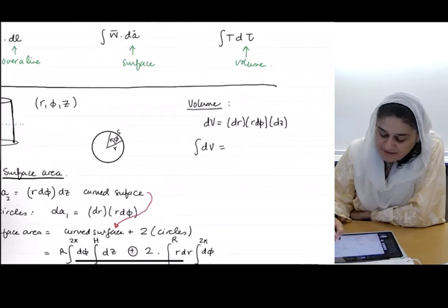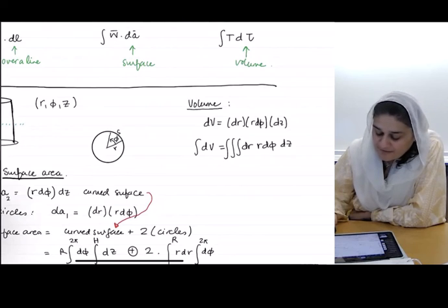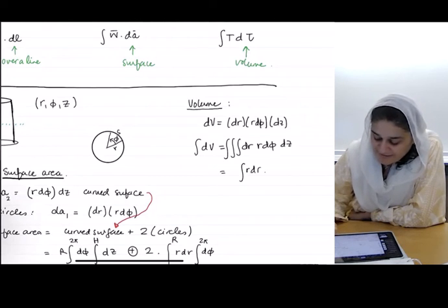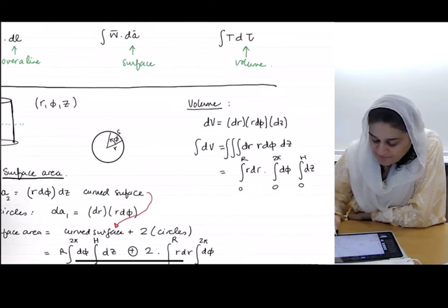Integration of dV, integration of dr, integration, r d phi, and dz. So then I can separate them out. R dr, d phi, dz, 0 to h, 0 to 2 pi, 0 to r.